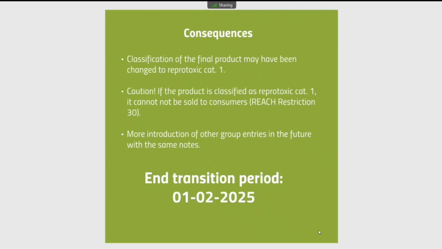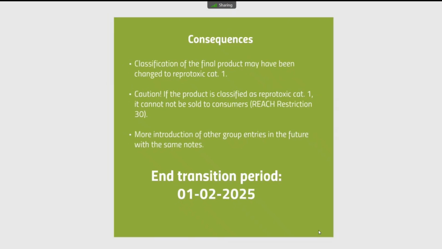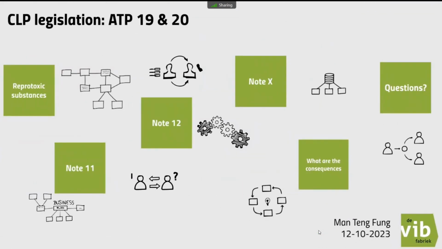After this transition, you actually have to classify these products following ATP 19 and 20, and that's on 1 February 2025. So that's in a nutshell the changes in ATP 19 and 20.